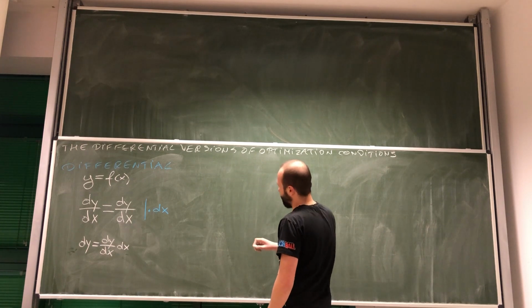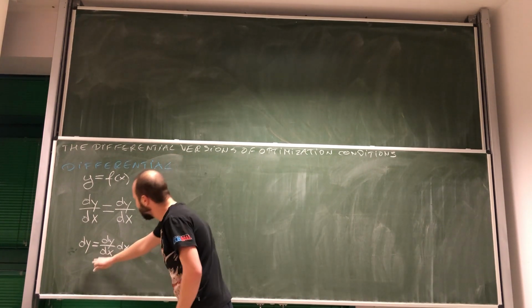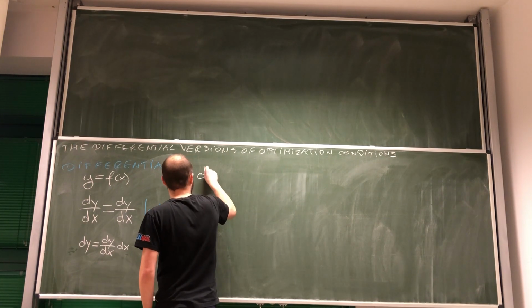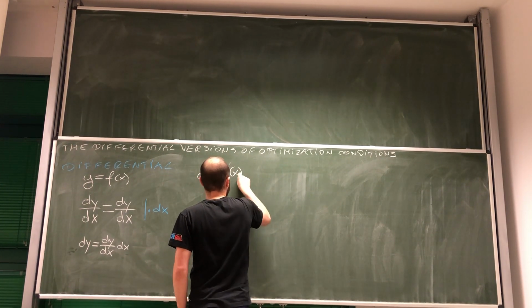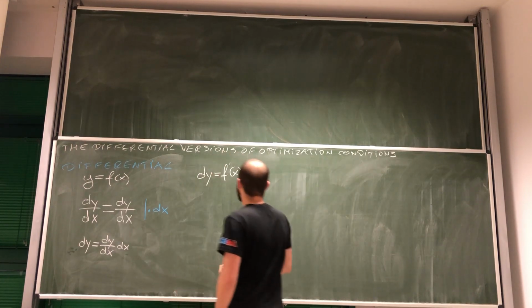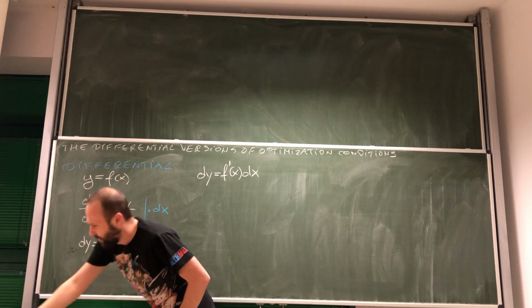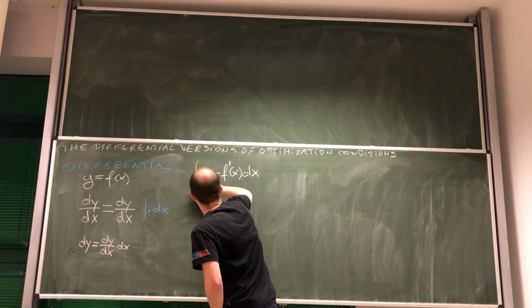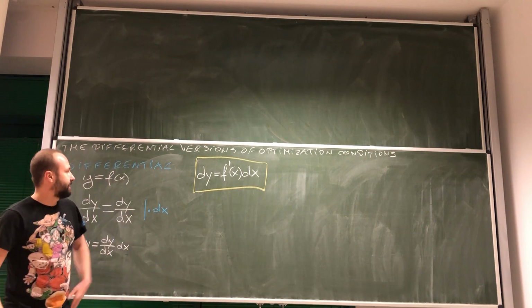As we said before, let's write it a little bit differently. Of course, this is the same as dy equals f prime of x dx. This is the version that we're going to use. So let's write it down this way.